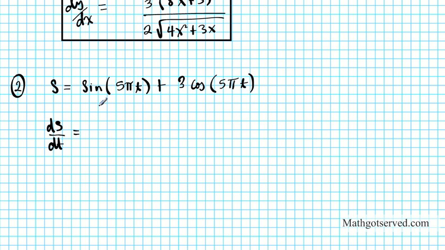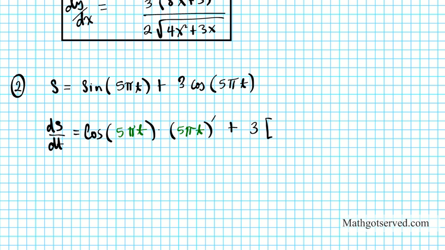So if I differentiate the outer function, I'm going to have cosine of the inner function, which stays the same, 5 pi t, times, now we have to differentiate the inner function, 5 pi t prime. I'll do that in the next step. Same approach for this side, plus we can factor out the 3 using the constant multiple rule, and then differentiate cosine.